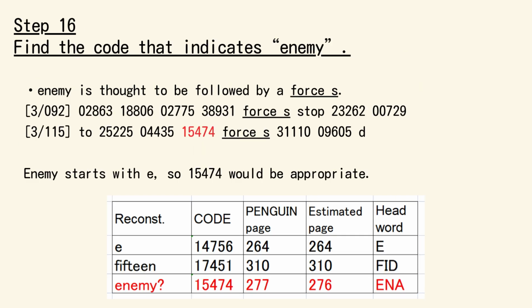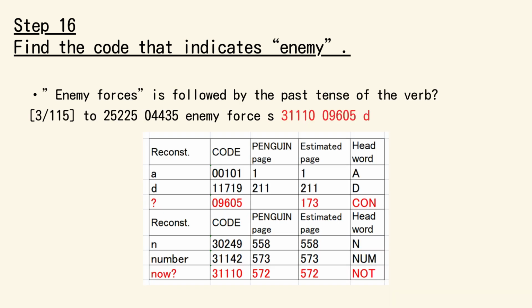Step 16. Find the code that indicates enemy. Enemy is thought to be followed by a force s. Enemy starts with E, so 15,474 would be appropriate. Enemy forces is followed by the past tense of the verb.